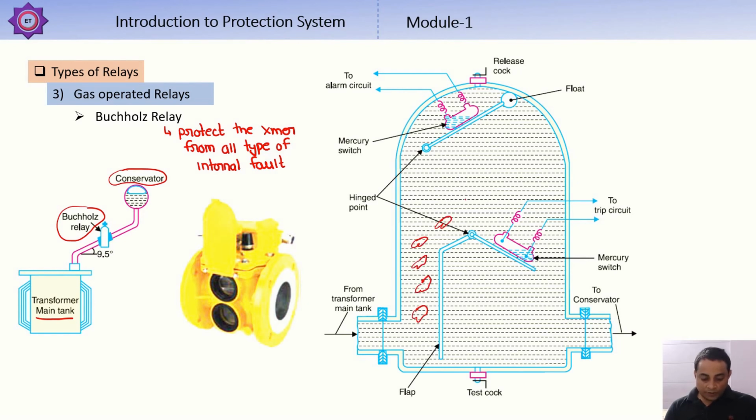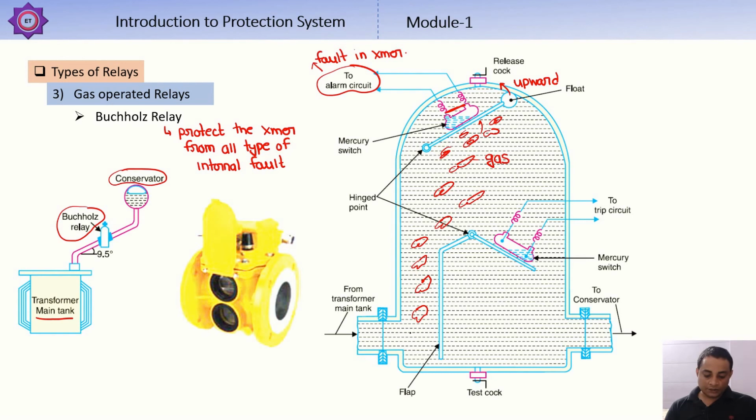Since the mixture of gases is lighter in weight, it moves towards the upper portion of the relay. If the gas is in sufficient amount, the floating valve tries to lift upward and closes the mercury switch, and an alarm circuit activates, which is an indication of a fault occurring within the transformer.